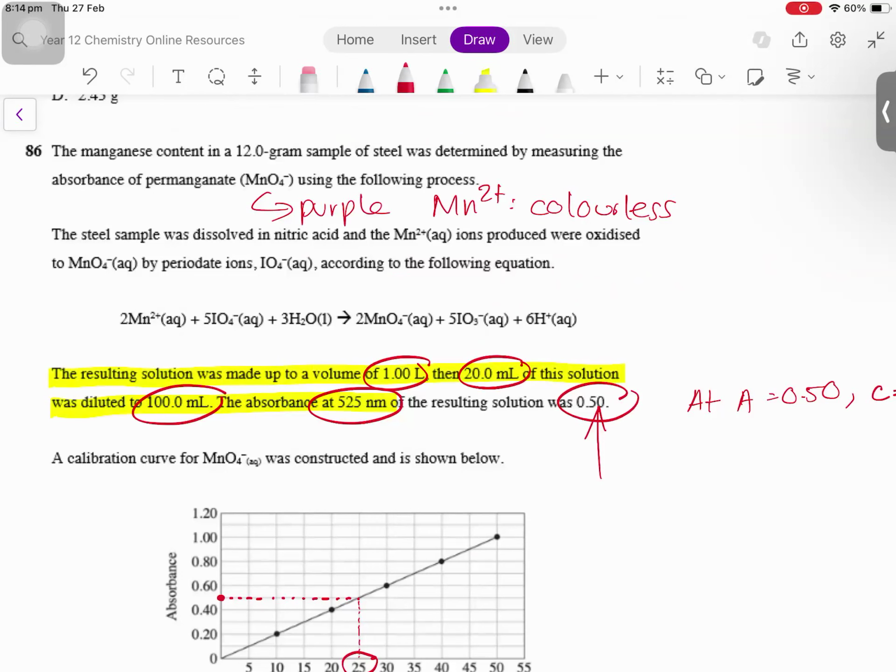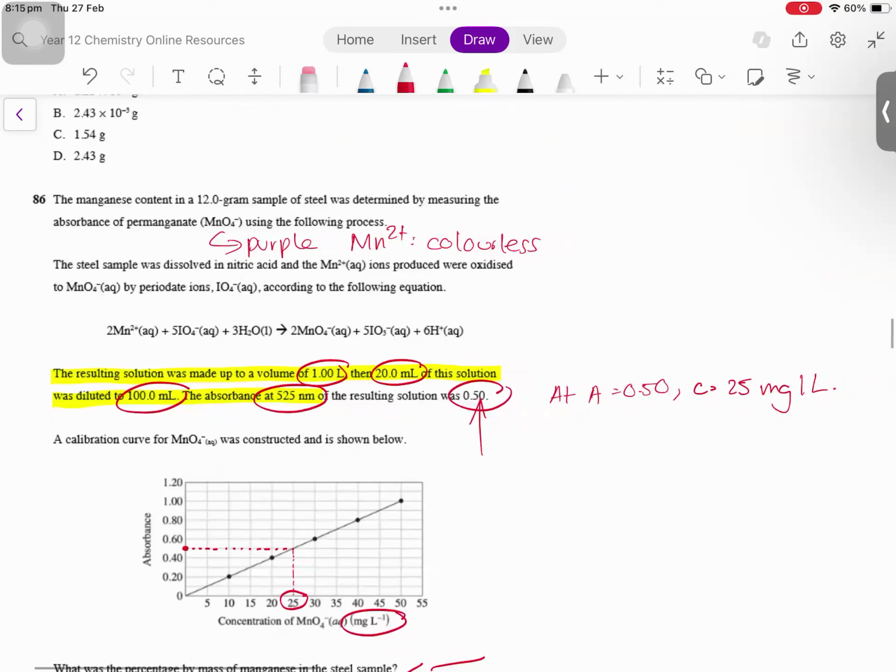We'll read it from start to finish and then we'll work backwards after. What is the first volume that your sample went into? One liter. The resulting solution was made up to a volume of 1 liter. And then what happened afterwards?